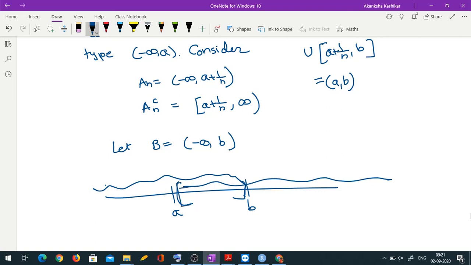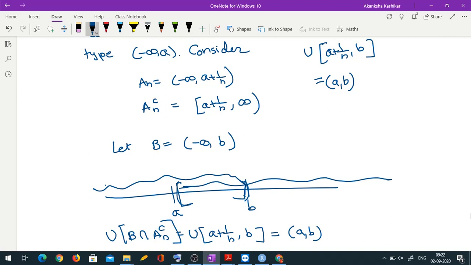Okay, so closed A plus 1 by n to open B. So intersection of B with A_n complement would be closed A plus 1 by n to B. Okay, and now I take union over all such intersections. If I take union over all such intersections, I will be left with AB. Okay, which is what I want.